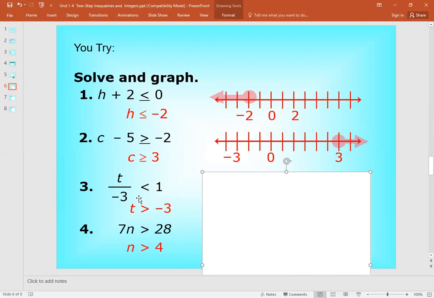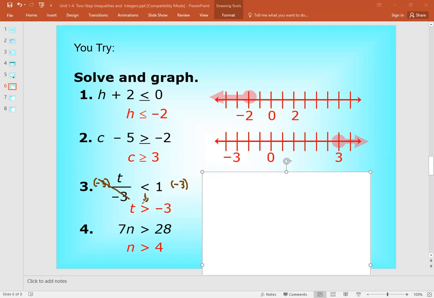For number 3, now this time I am multiplying each side by -3. So that gives us t, but the sign has to change.